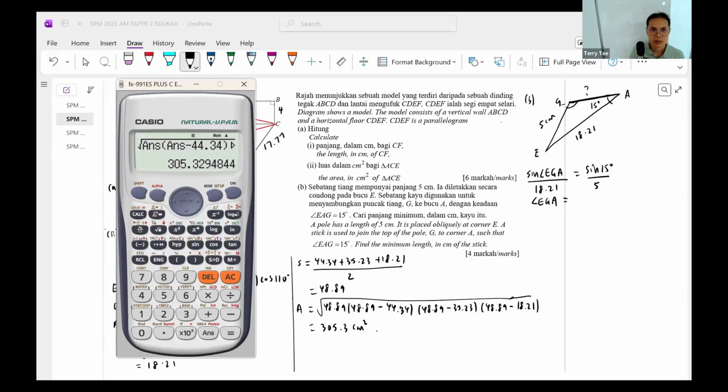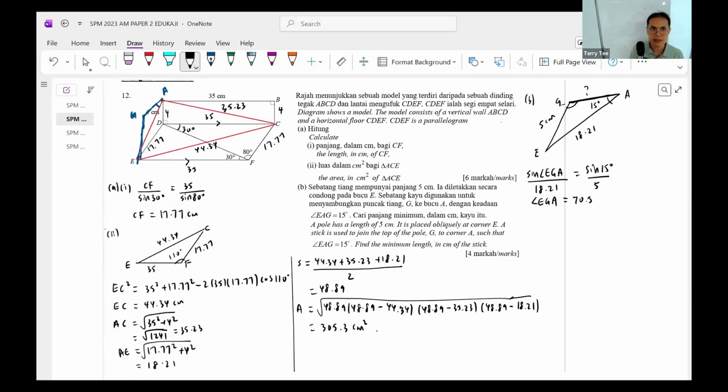Let me type in sine 15 divided by 5 times 18.21. So whatever I'm getting here, shift sine, answer equals 70.50. Okay, but can I take 70.50? Hello? Can I take 70.50? Cannot, huh? Why not?